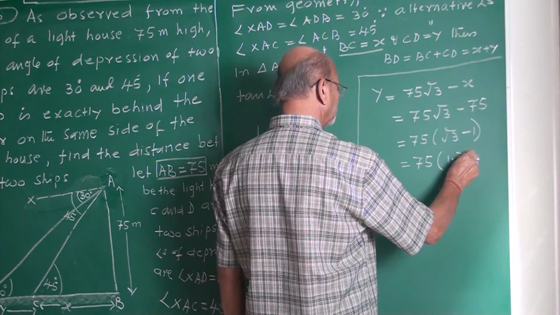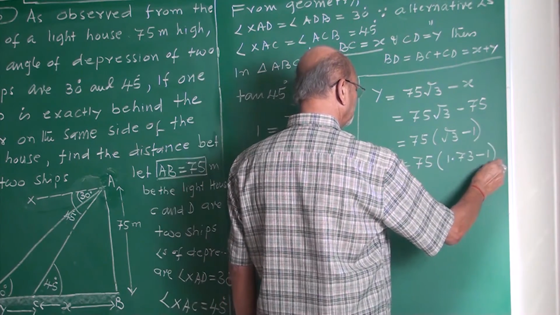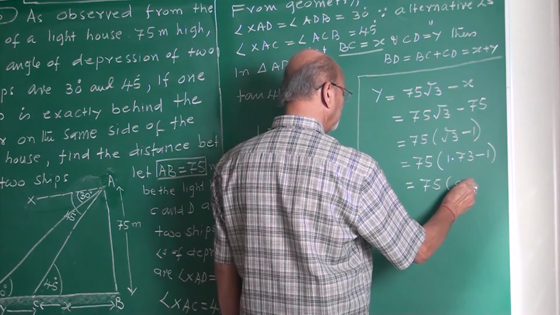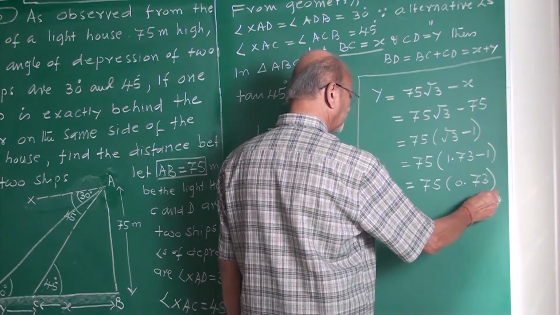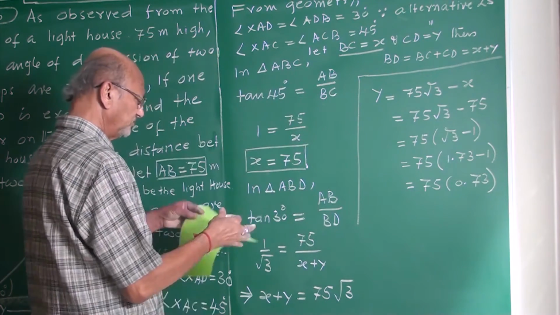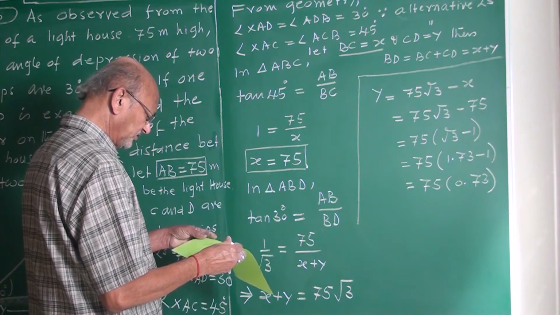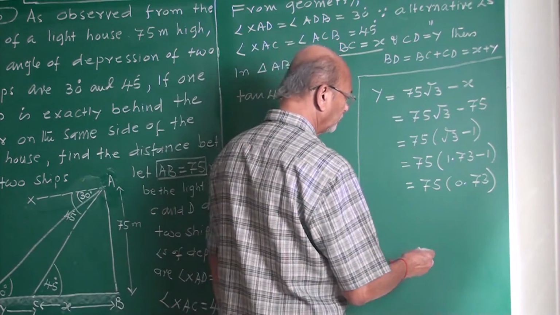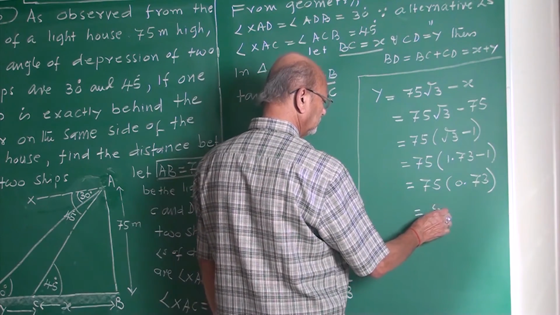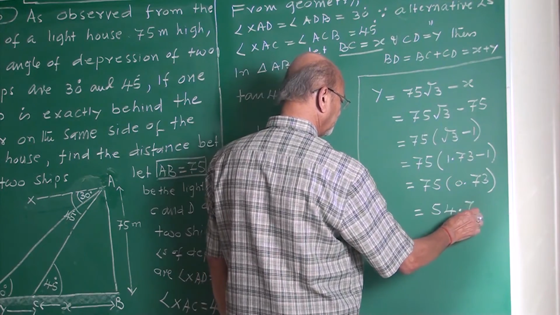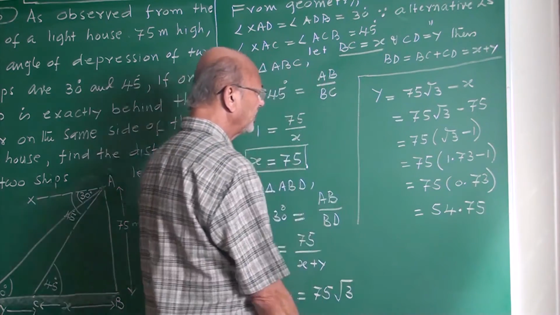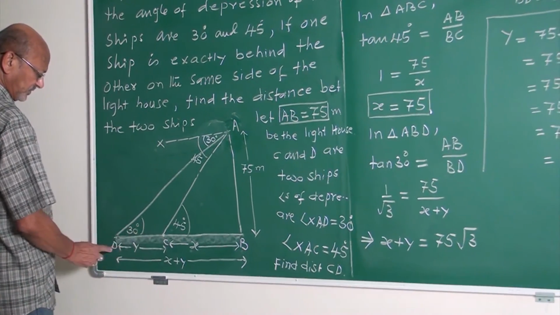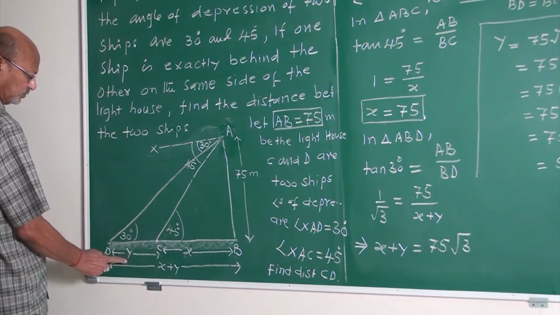Root 3 is 1.73, minus 1 is 0.73, so it is 75 into 0.73. If you simplify this, you get 54.75. The distance between the ships is CD, which equals Y.